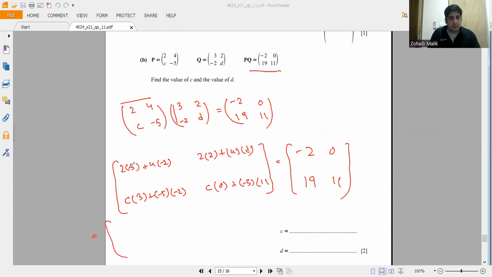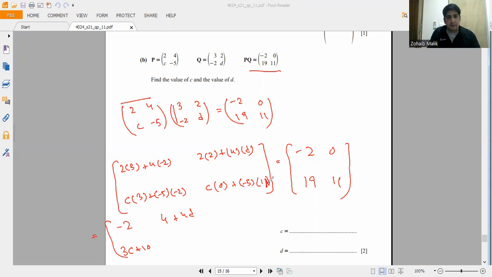This is 6 and -8, which would be -2, and this is 4 plus 4D, and this would be 3C plus 10, and this would be 0 minus 55.